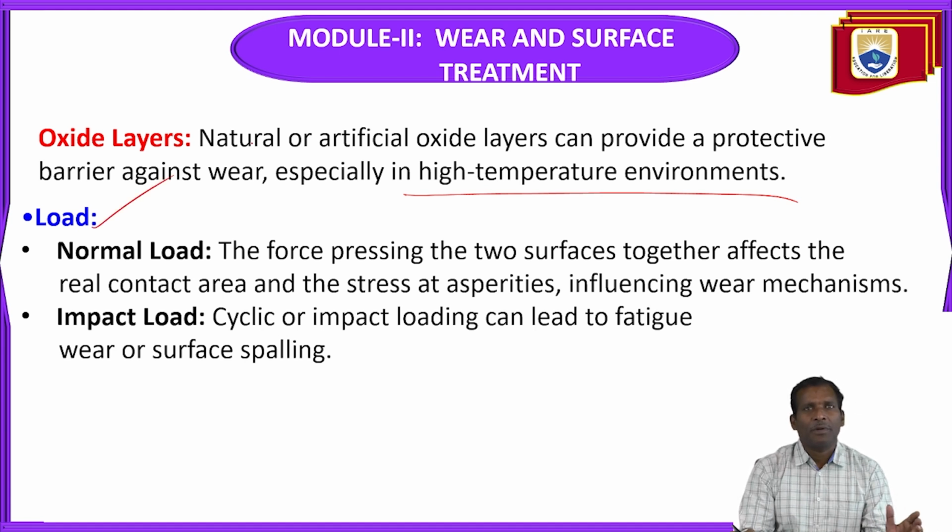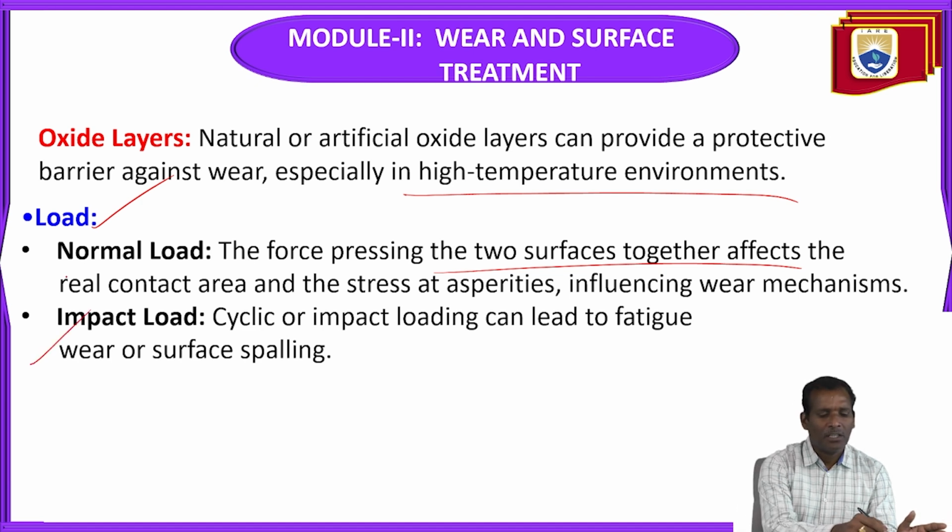Load is classified into normal load and impact load. Already you know the normal load: the force pressing the two surfaces together affects the real contact area, and the stress influences the wear mechanism. The impact load is a cyclic load.